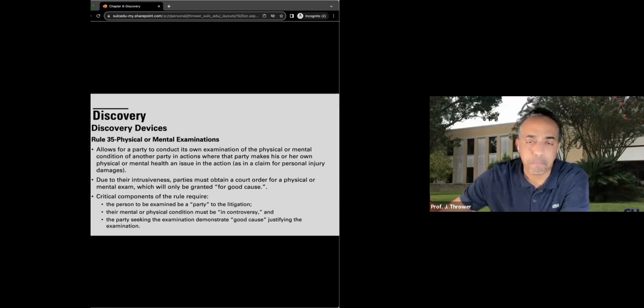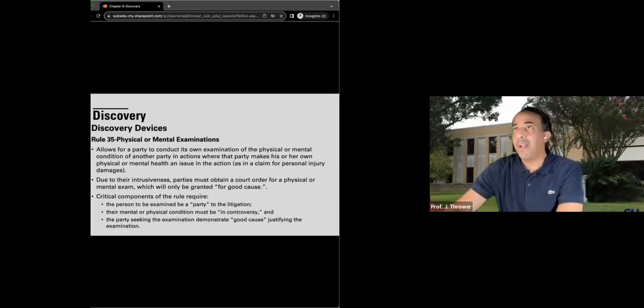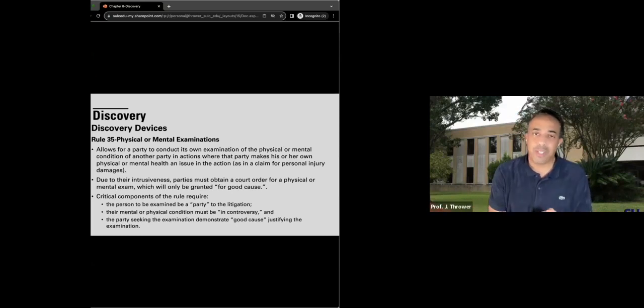And then finally, the party who desires the examination must demonstrate good cause to justify the examination. Now, having practiced for a number of years, I can tell you that this good cause piece is a major bone of contention, right?